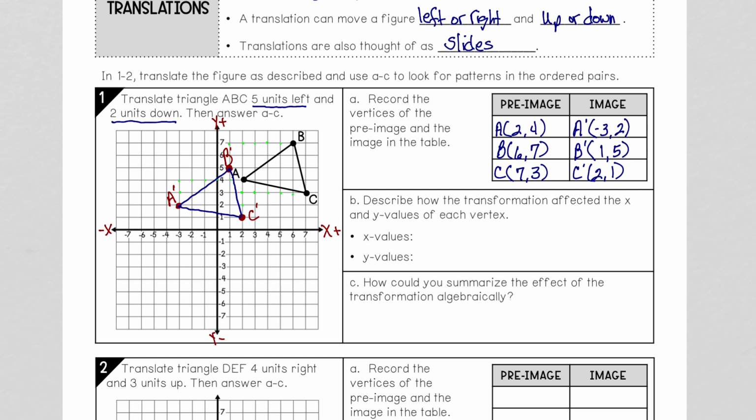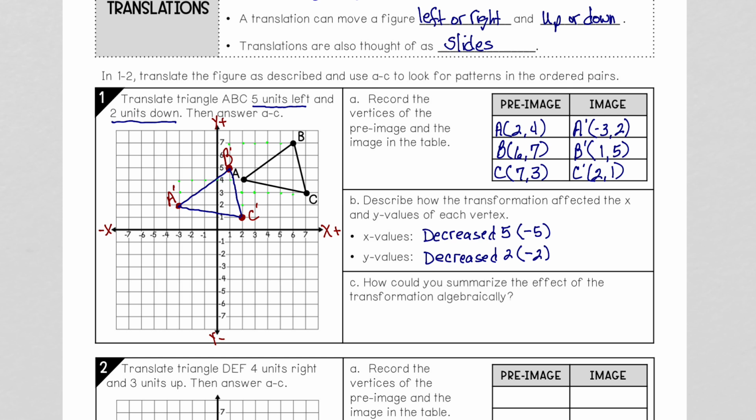All right, so on the x values, they decreased by 5, or -5, and the y values decreased by 2, or -2.